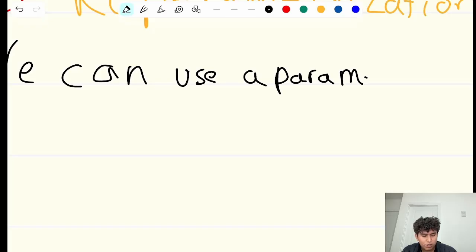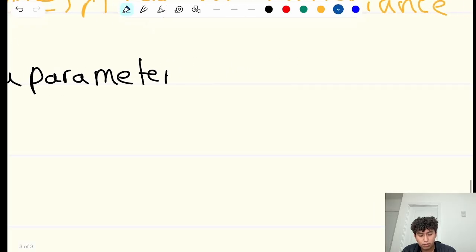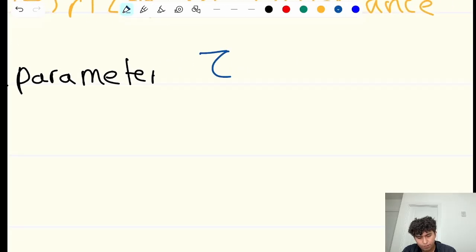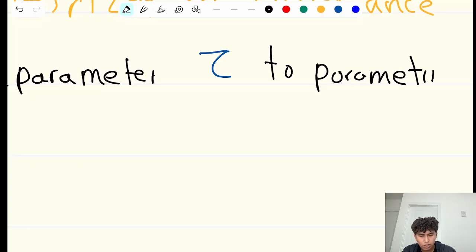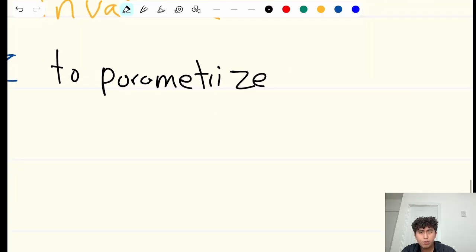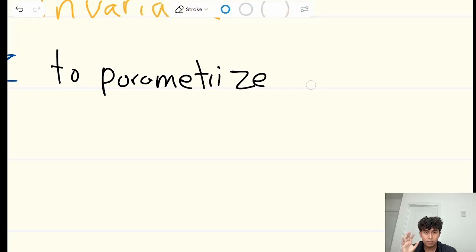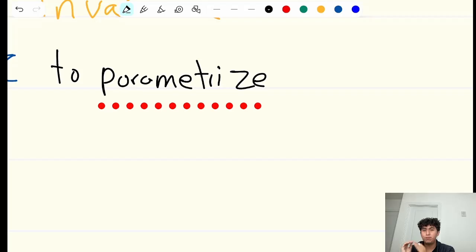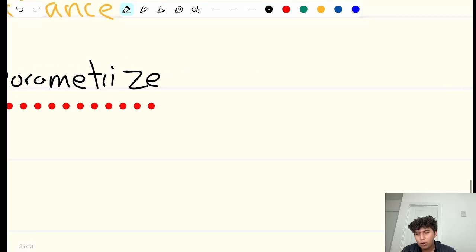So we can use a parameter. We're going to call this parameter tau for now, to parameterize the world line. The world line, if you remember, is just the space-time coordinates of your point particle.